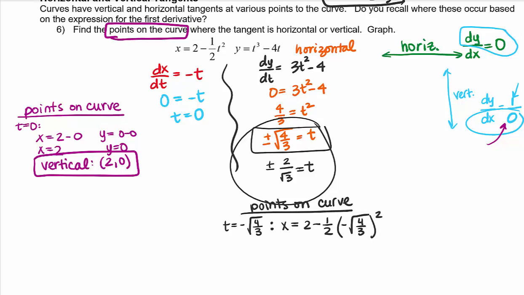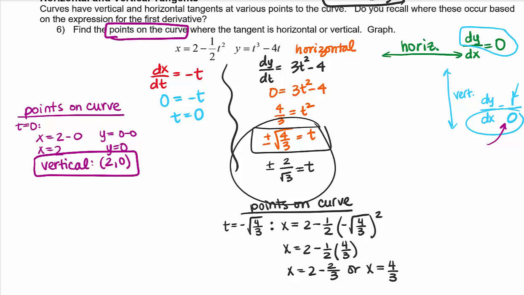The x actually isn't going to matter whether I use positive square root of 4/3 or negative, because you're squaring the t. 2 minus a half times 4/3. So it's 2 minus 2/3, or x equals 4/3.